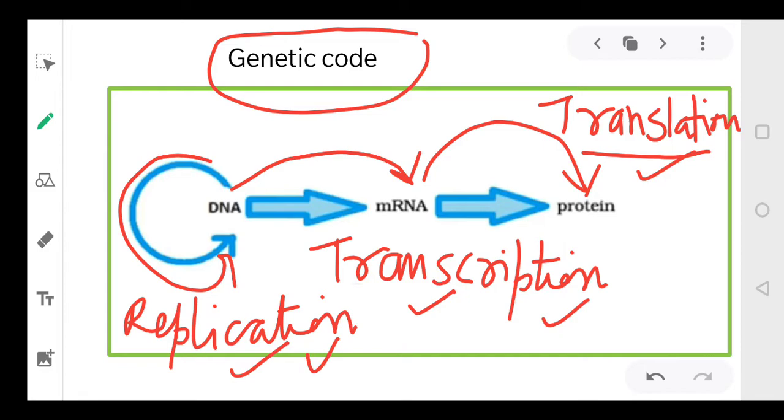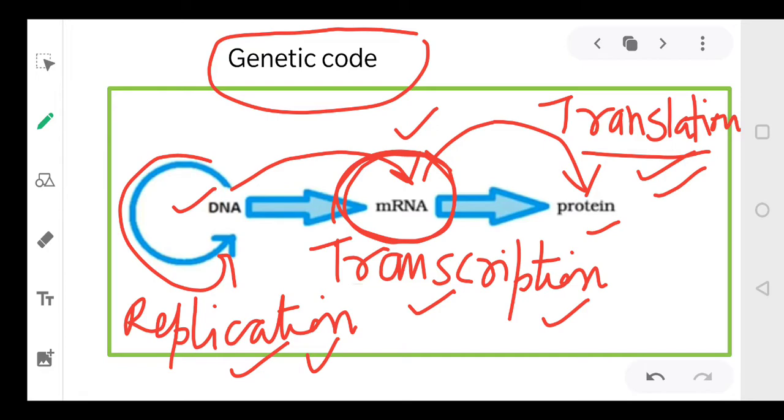Clear? Now before we come to translation, we must understand that mRNA has some information from DNA, and this information will help in generating the proteins. So we must understand how this information is present in RNA. What is the format of this information?